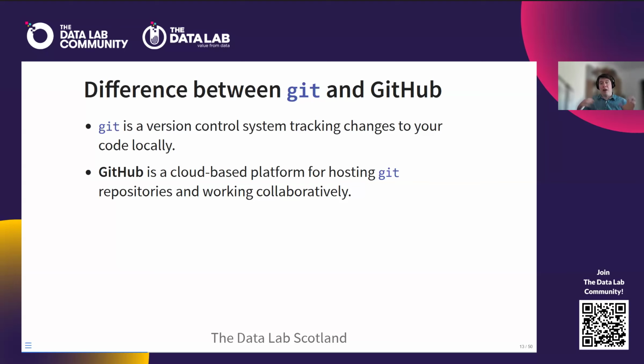And GitHub is a platform that allows us to share our code bases, whether that's sharing internally within our team or sharing externally to all sorts of people all around the world. GitHub is the tool that enables us to do that, and it does that by being cloud-based. So we can upload our repositories and we can work together on them. And by using Git and GitHub together, we can enable that effective collaboration.